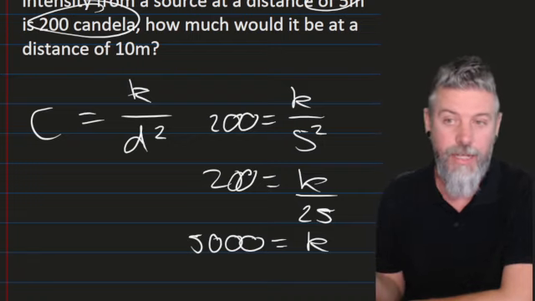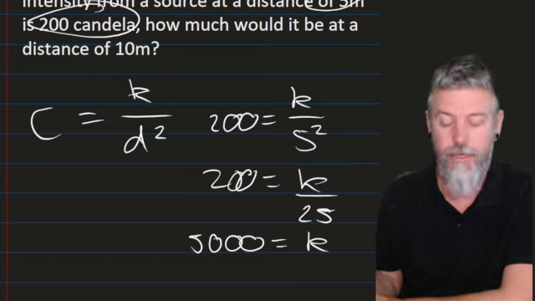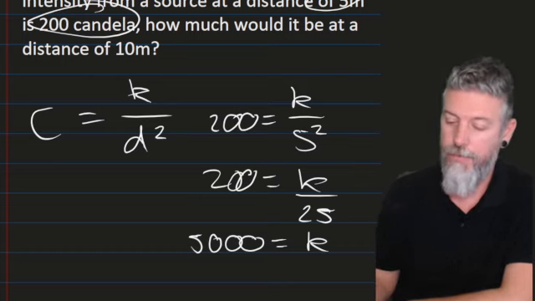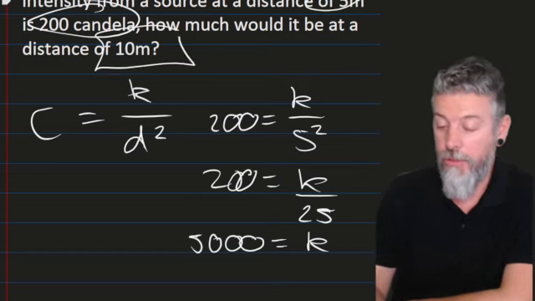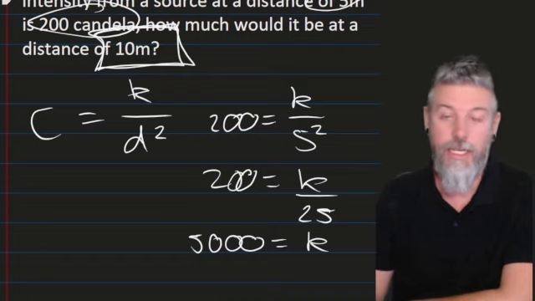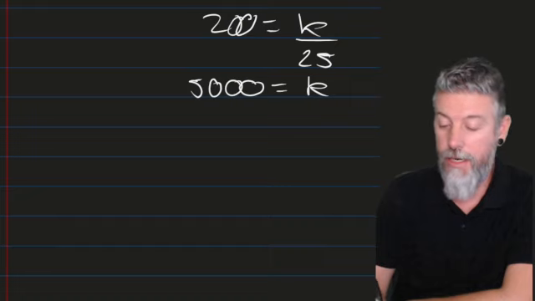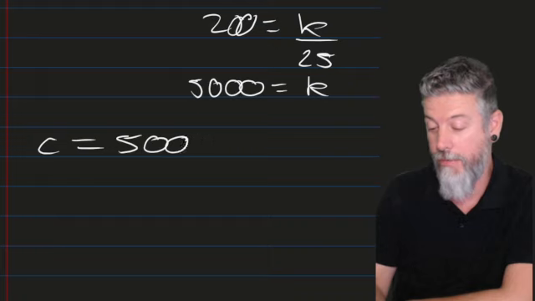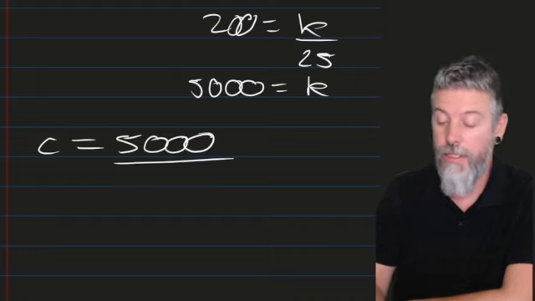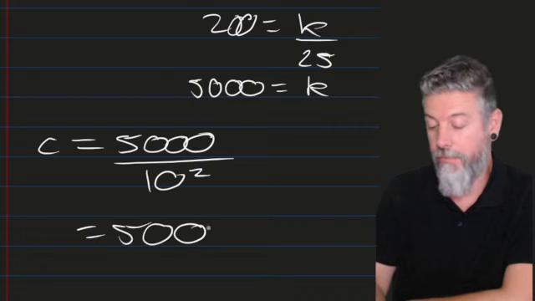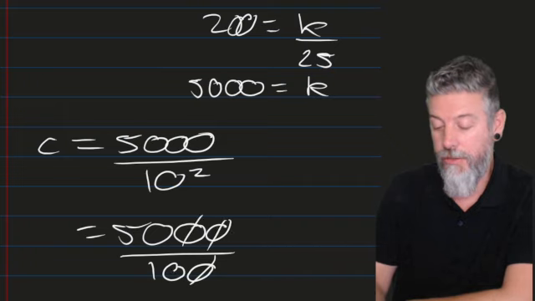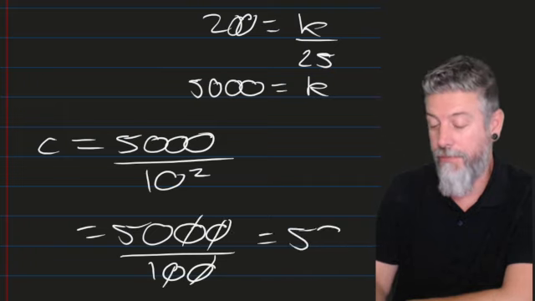But you can think of k as what would happen in the first set of data that we're given. Now we want to do the question we've been asked: what happens when it's at a distance of 10 meters? Now c equals, our k has been found, 5,000 over 10 squared. So now we have 5,000 over 100, which gives us 50.